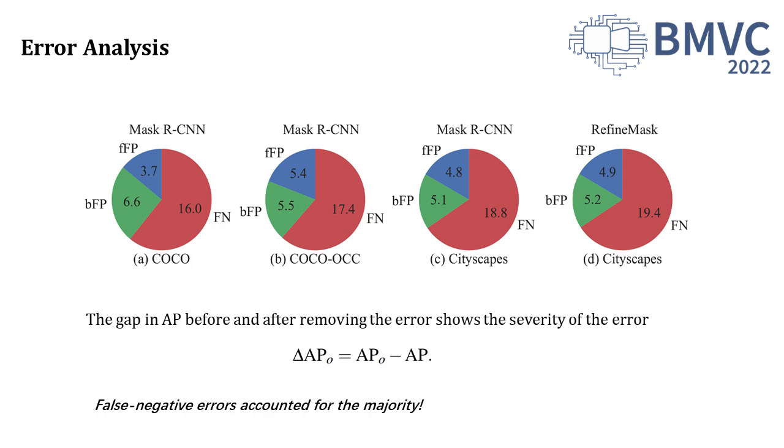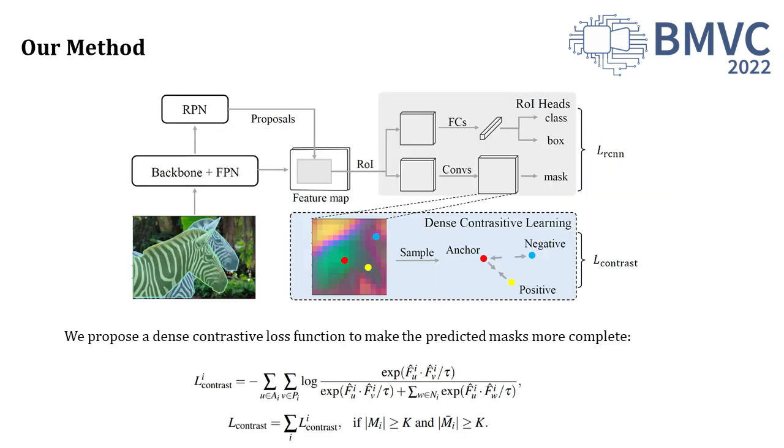In other words, the model tends to predict incomplete masks. We attributed this to the fact that in complex scenes, segmentation networks cannot predict consistent features for different pixels on the same instance. With this motivation, we propose to improve the consistency of features via contrastive learning.